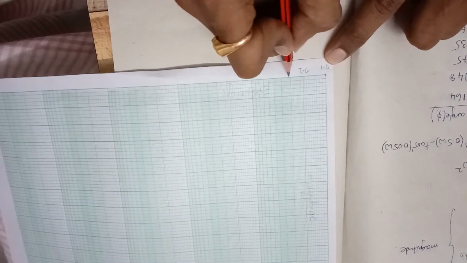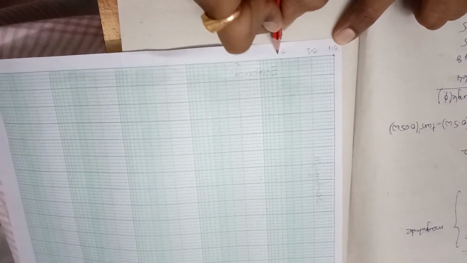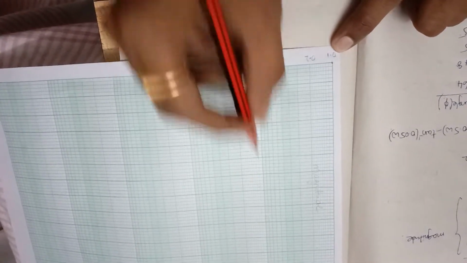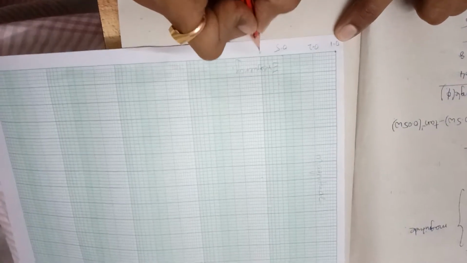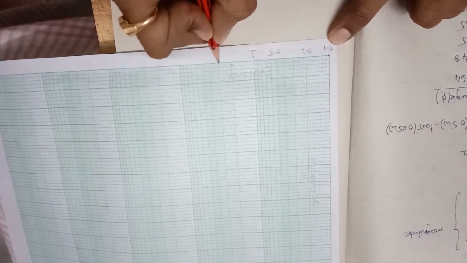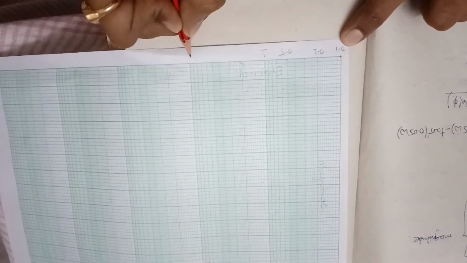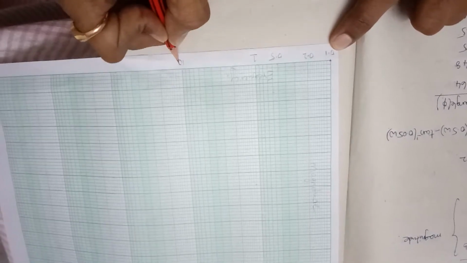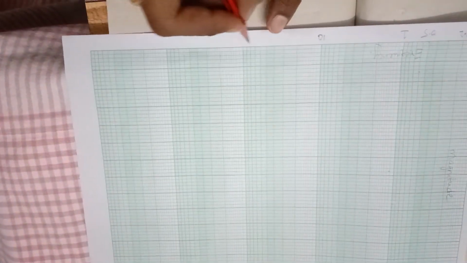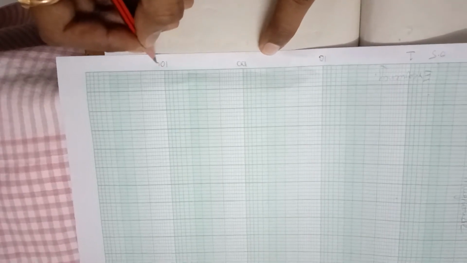This is 0.5, and the last one, see the line, this is 1. Then next this is 2, this is 3, this is 4, 5, 6, and this line is number 10, and the next one is going to be 100, and this one is 1000.